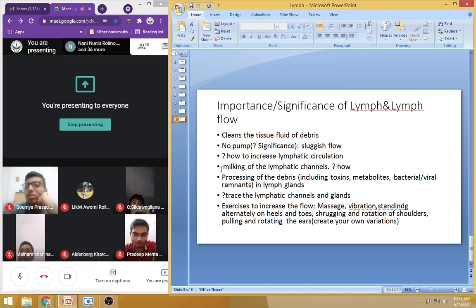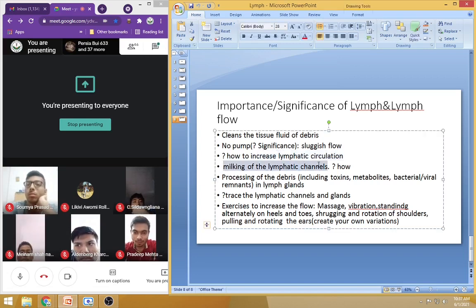It happens by the muscles that pump around the lymphatic circulation, right? That will get the fluid to go. But otherwise it needs milking of the lymphatic channels. You know what is milking?